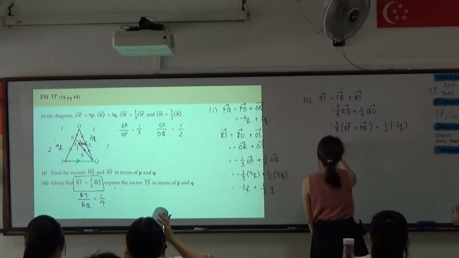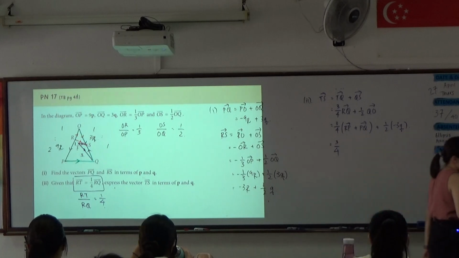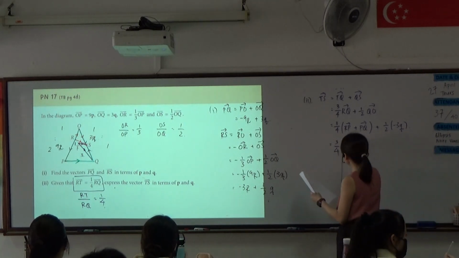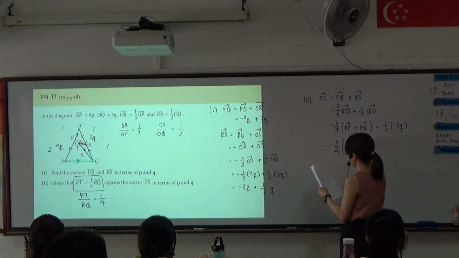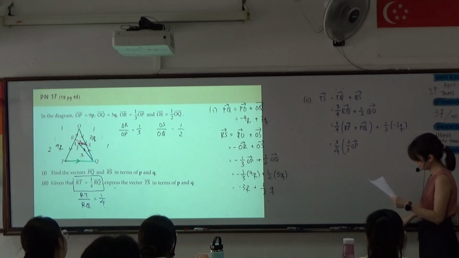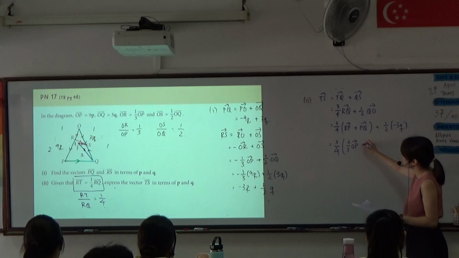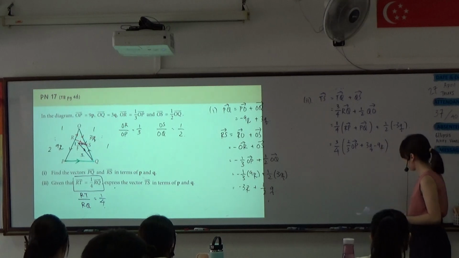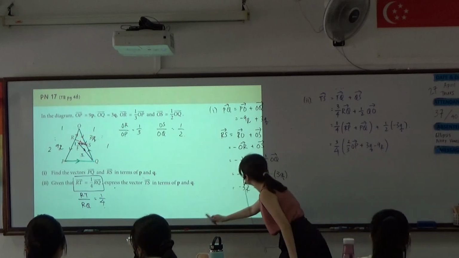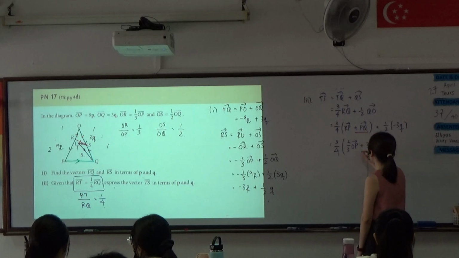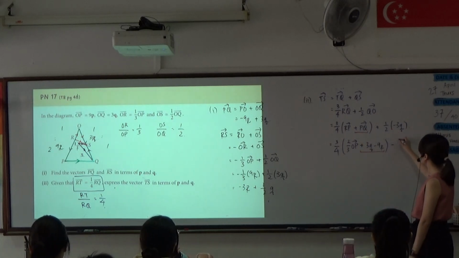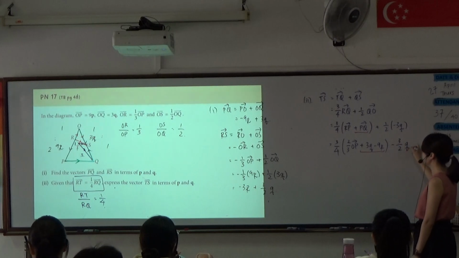And our RP is equal to 2/3 of OP. And our PQ, we had already found that it is plus 3Q minus 9P. And this simplifies to negative 3 over 2Q.